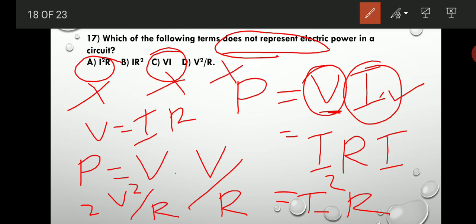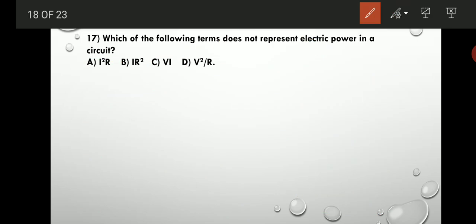Okay, so these three we can apply as formulas, but IR square is not suitable. So the right answer is IR square. That does not represent the power.